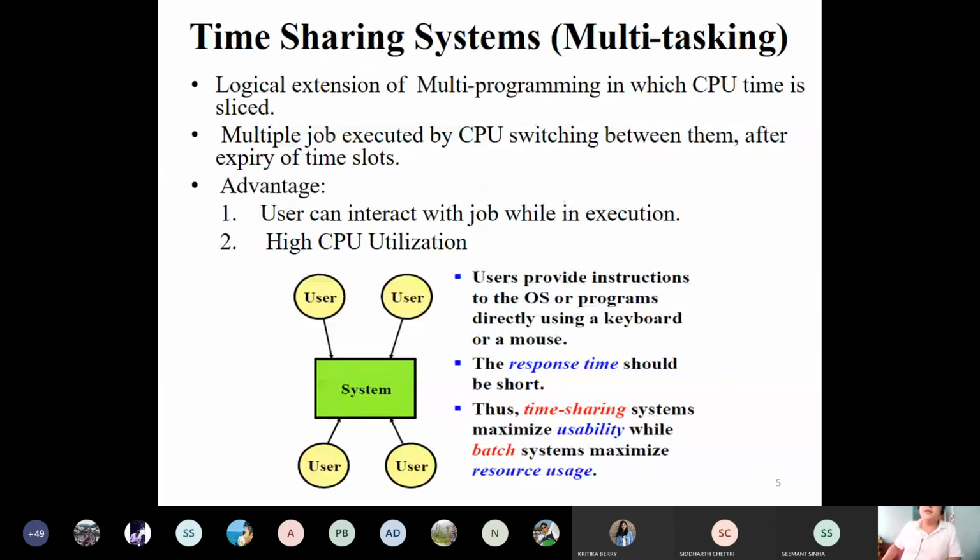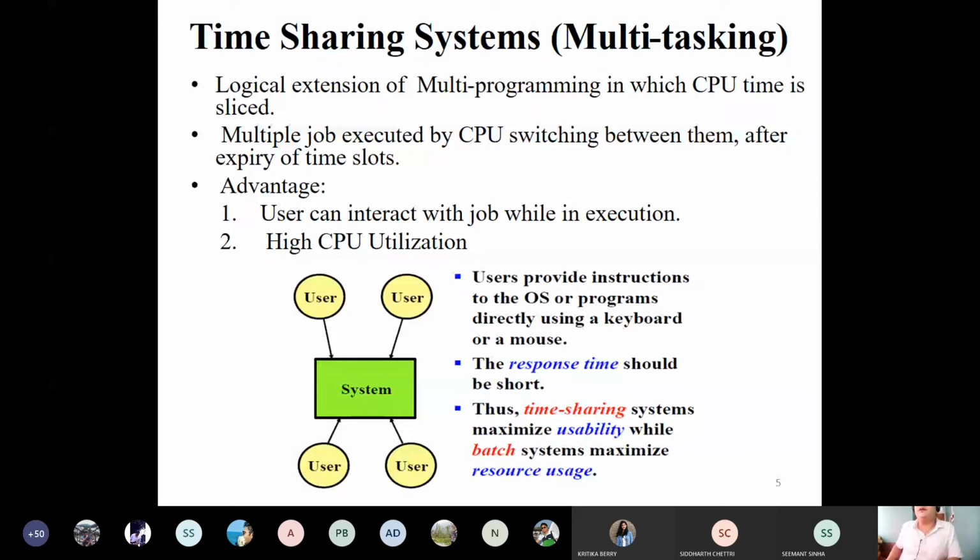Suppose there is one CPU and the CPU time is sliced. It looks like the CPU is giving time to each and every one. The CPU will switch so fast between different processes that the user will not notice which program the CPU is executing.